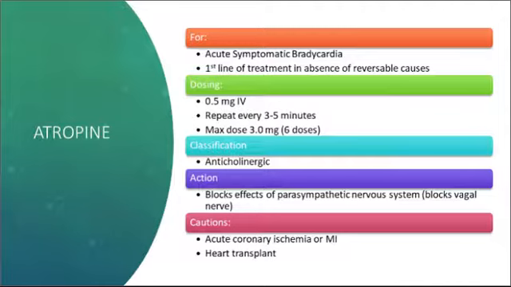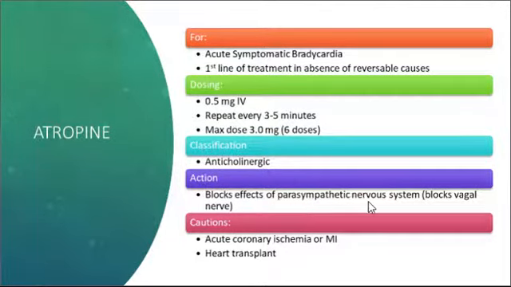Atropine is for symptomatic bradycardia. It is the first line of treatment if you do not have another cause. If you cannot find a reversible cause, like a medication you can pull off, you will give atropine. Be careful giving atropine. It is an anticholinergic.